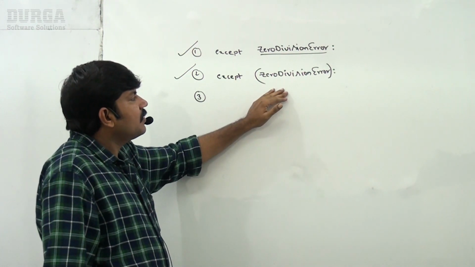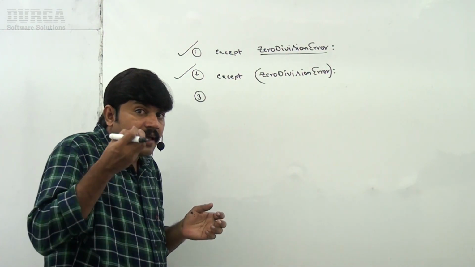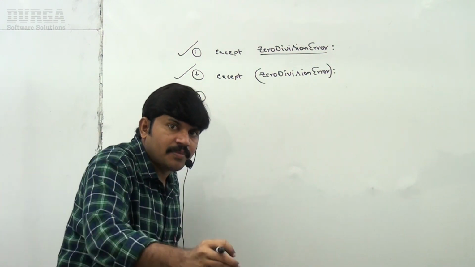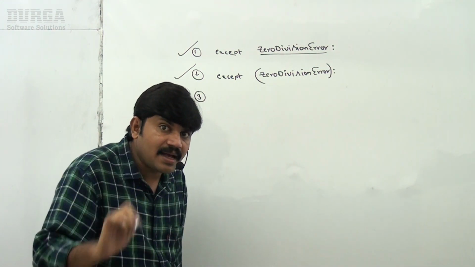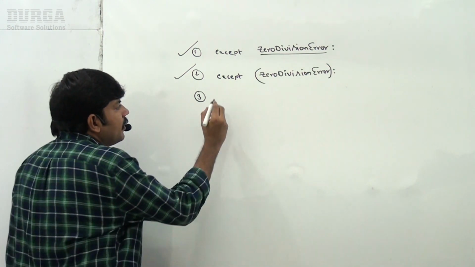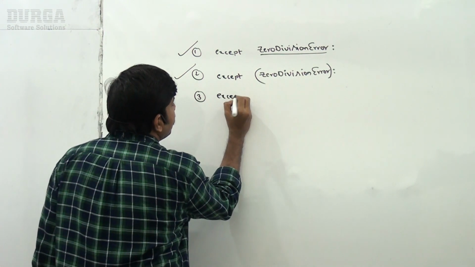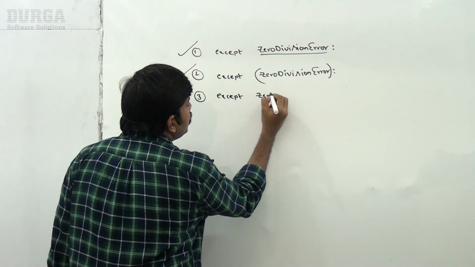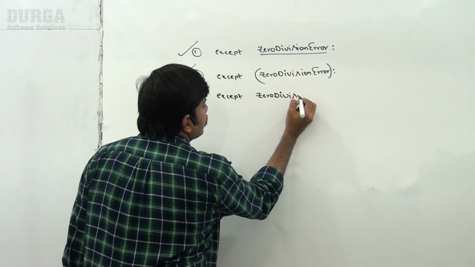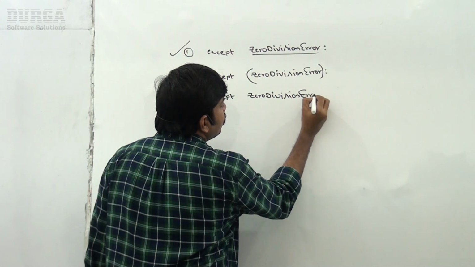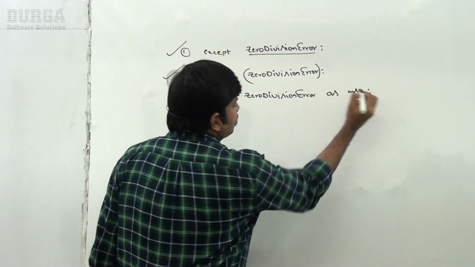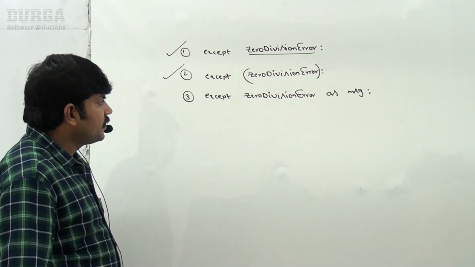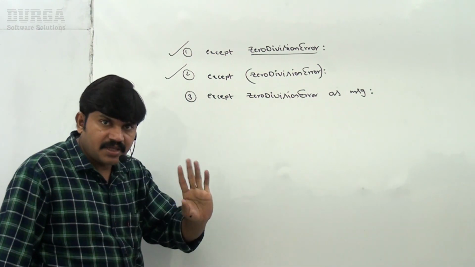Next I want to access exception information, I want to print exception information. Then we require to use the as keyword. Now except zero division error as message, like I'm taking.